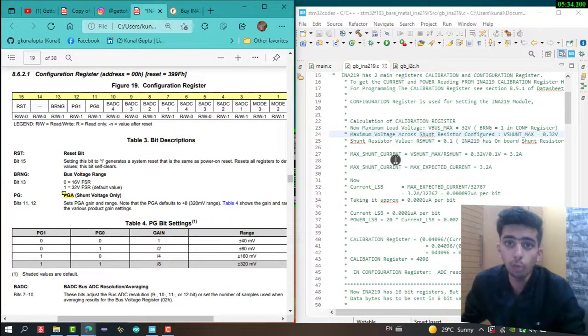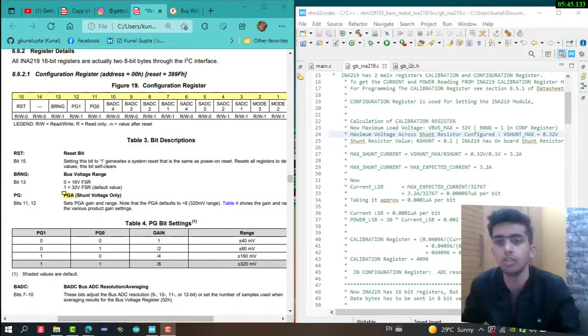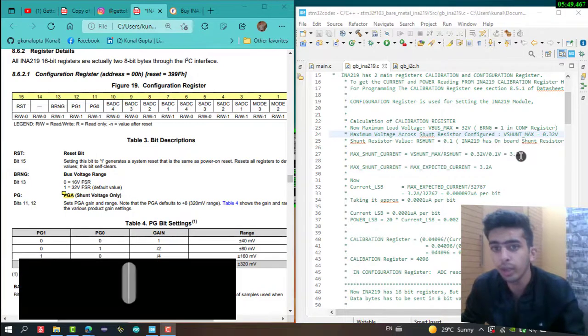Now my maximum shunt current equals V shunt max divided by R shunt. V shunt max is 0.32 volt and R shunt is 0.1, so my maximum shunt current will be 3.2 amperes.